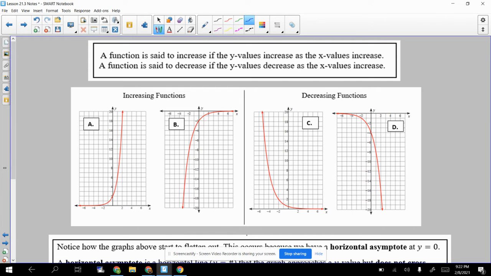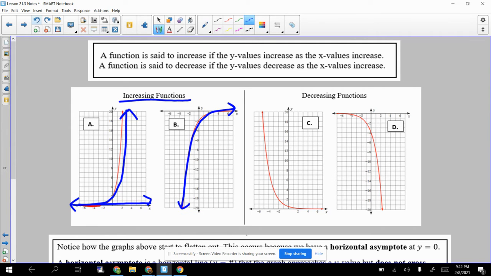A function is said to decrease if the y values decrease as the x values increase. So if you see here, as we move from left to right, meaning as our x values increase, our y values increase. So this is an example of an increasing function. Same thing here. As we move from left to right, it's going up.